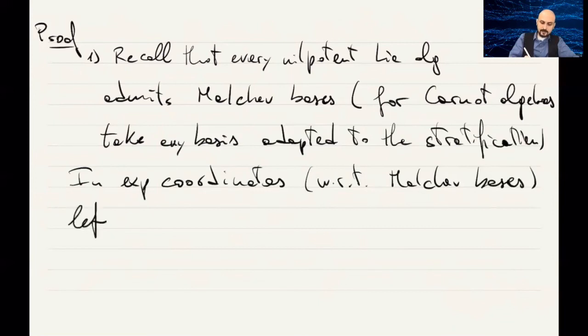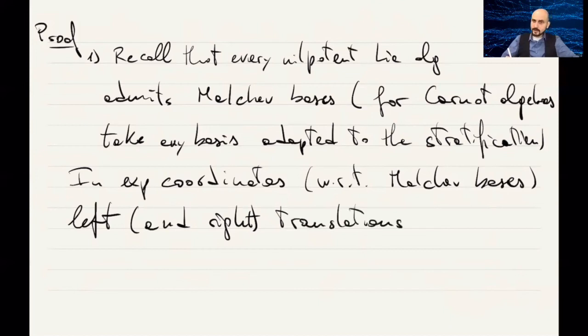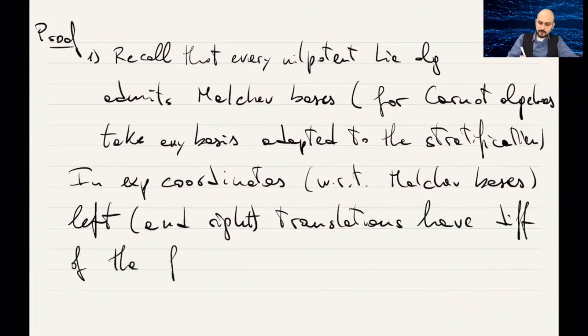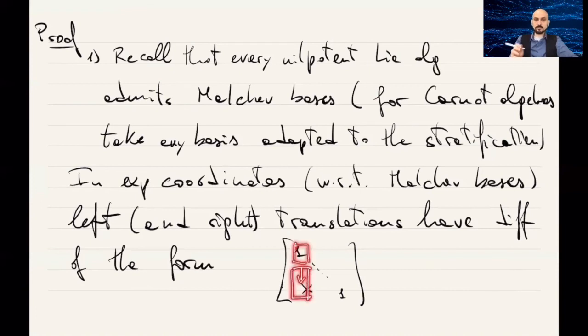And now what you have, doing the calculation, is that left and also right multiplications, translations, have differentials of the form 1 in the diagonal and something below. And this is because whenever you multiply, because of the Baker-Campbell-Hausdorff formula, each coordinate when multiplied is going to have elements in higher order parts of the stratification.